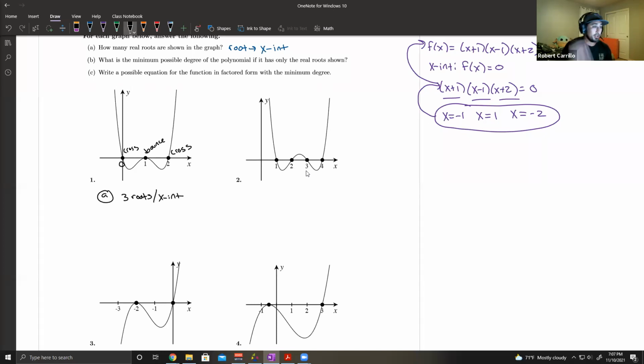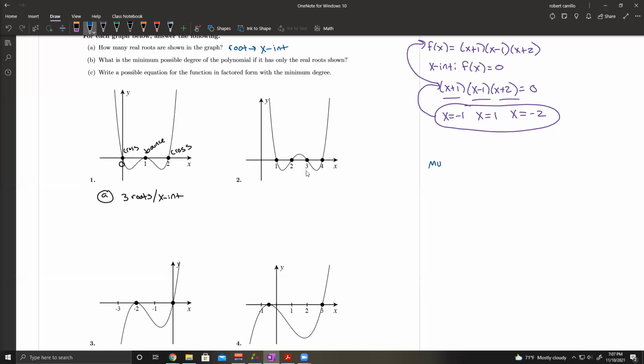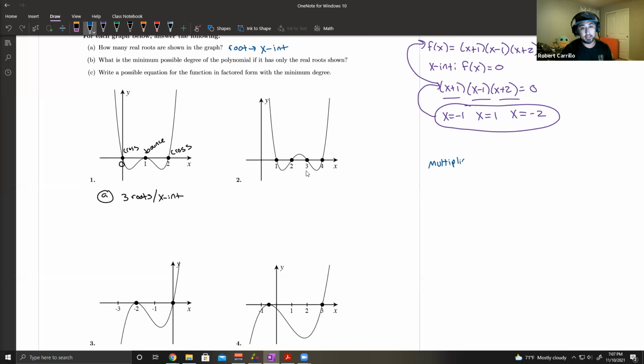So I'm going to really quickly touch on something called multiplicities of x-intercepts, or roots, however you want to say it.